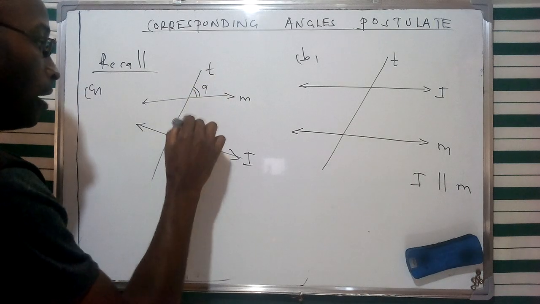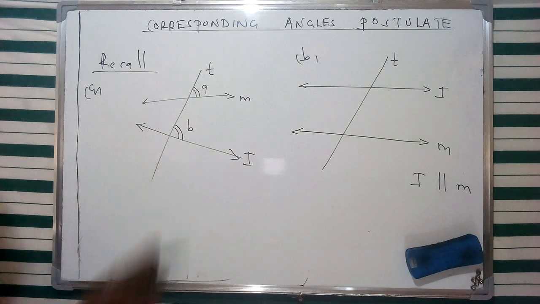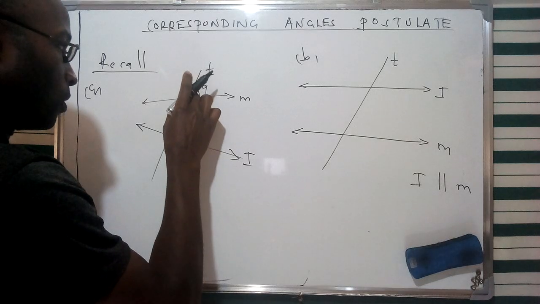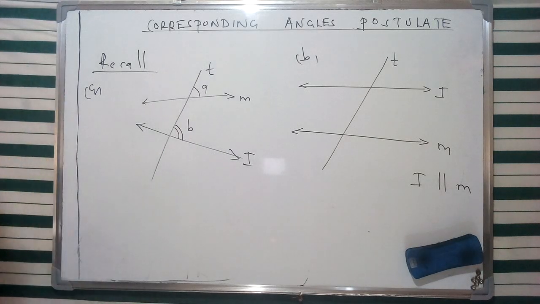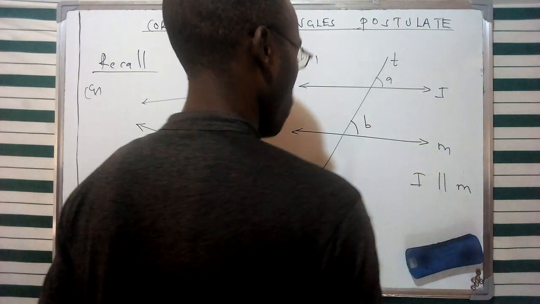So suppose we have A and B, we can show that A and B are two corresponding angles. These angles are not the same, so I'm just going to use that specific symbol. So these angles A and B are going to be corresponding angles, and for parallel lines we can illustrate that the angles A and B are going to be equal.